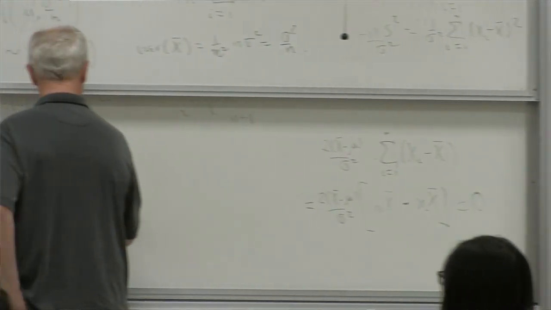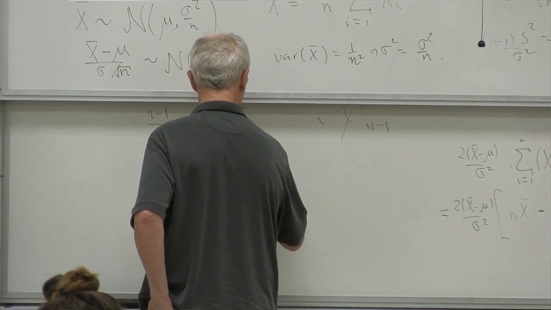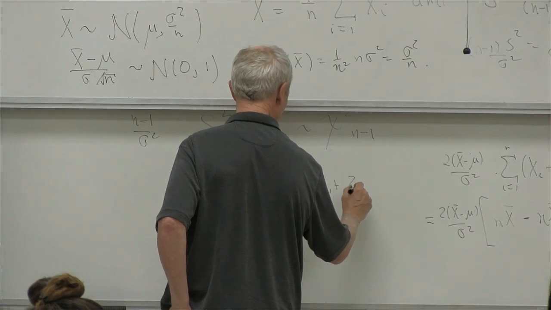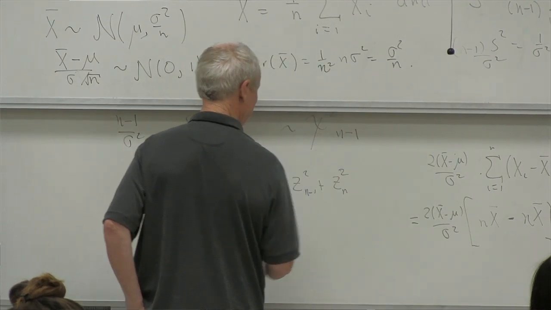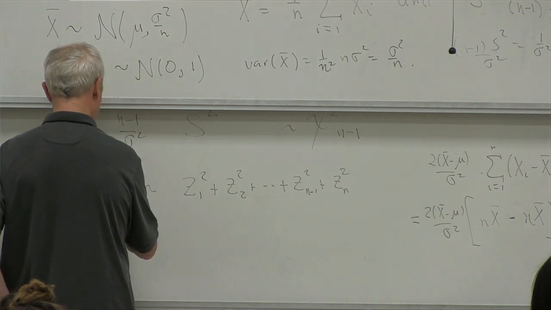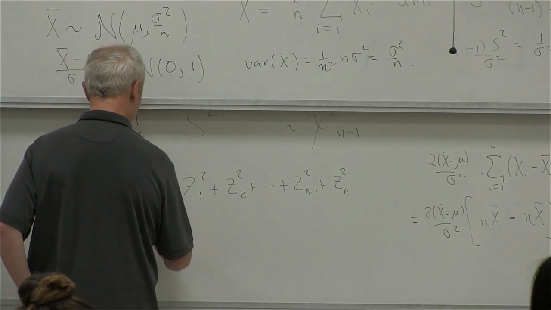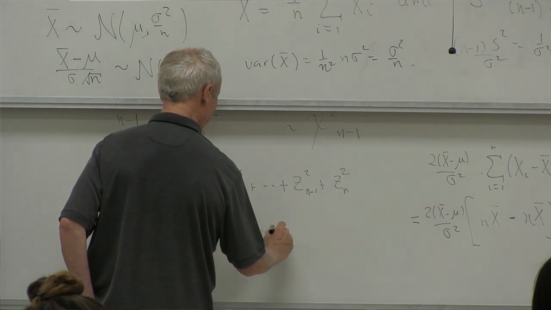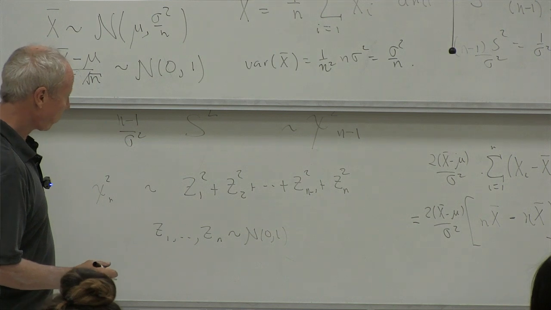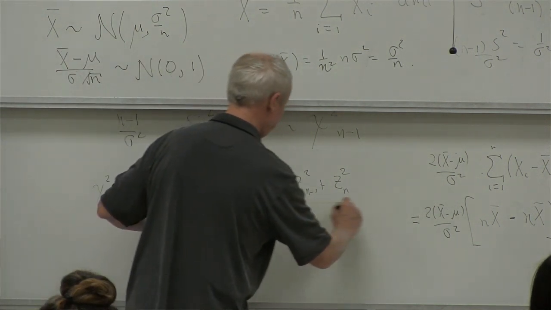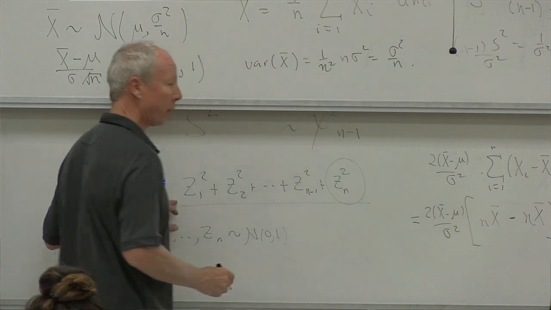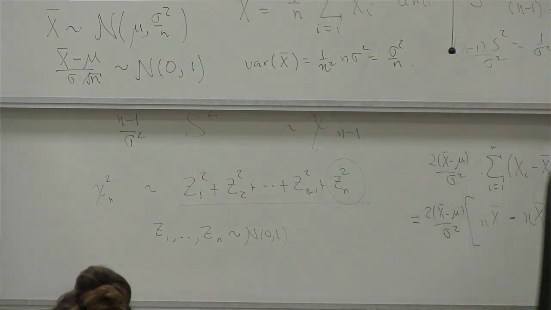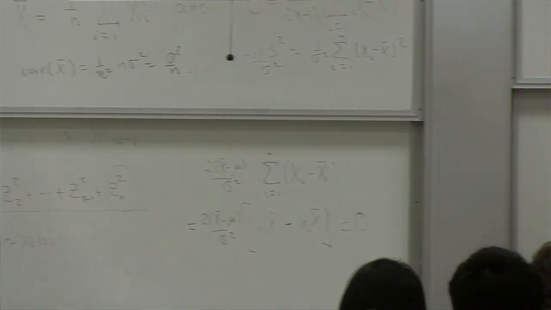It's z1 squared plus z2 squared plus ... plus z(n-1) squared plus zn squared, where z1 through zn are independent normals with mean 0 and variance 1. So the whole thing is chi squared with n degrees of freedom, this part is with 1, so what we're adding to it must be chi squared with n minus 1 degrees of freedom.